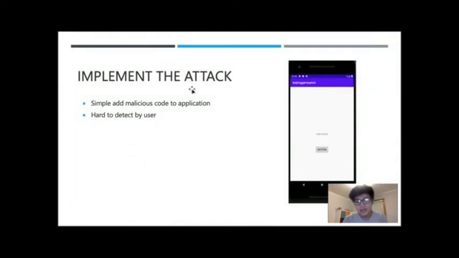And to implement the attack, it's very simple. When the hacker builds some application, they just add some malicious code into the application, and then when the user clicks any button, it's going to start the process to collect the data.